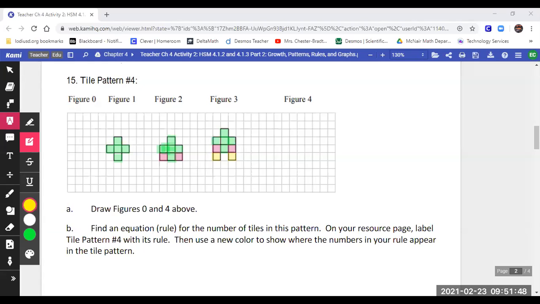No, the shape didn't change. That's not what we're talking about. What difference is there between figure 1 and figure 2? Be specific. What did they do? Where did they put it? What changed?